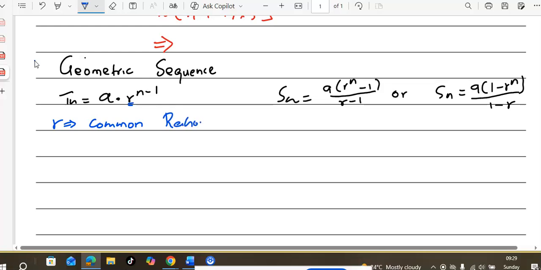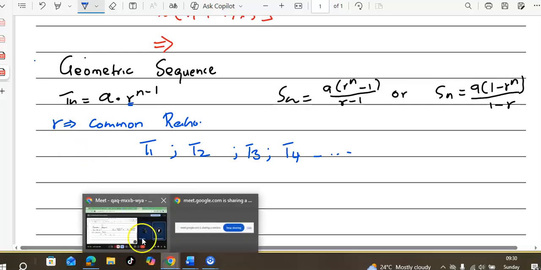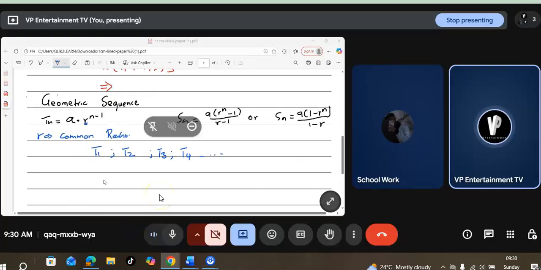Okay? So, remember, if the sequence is T1 and this is T2 and this is T3, this is T4 and so on, I need to understand how to find R.